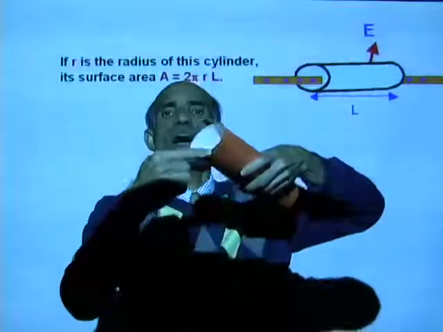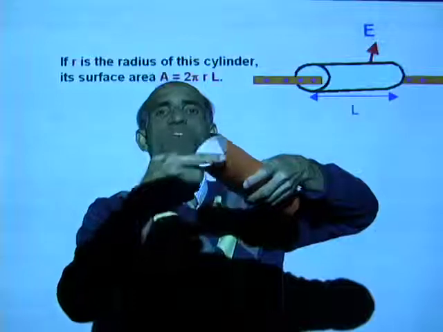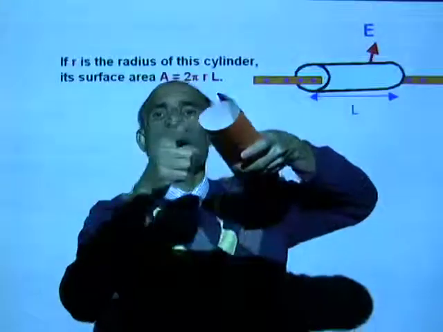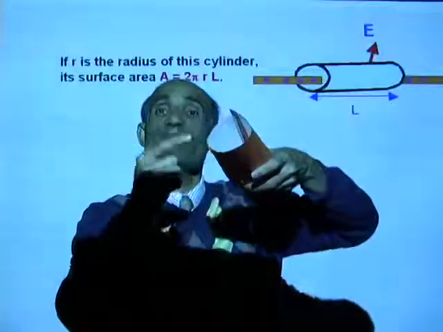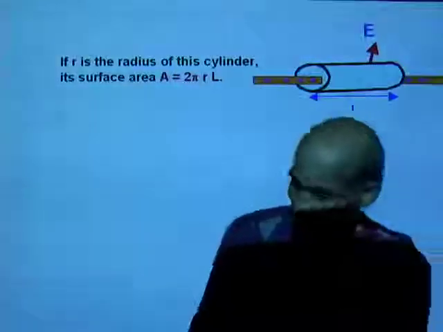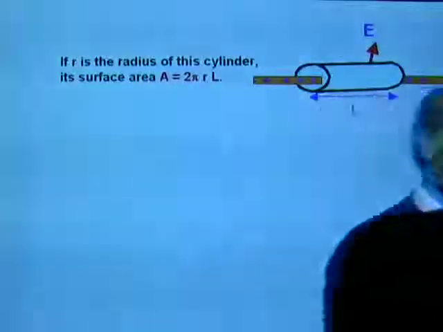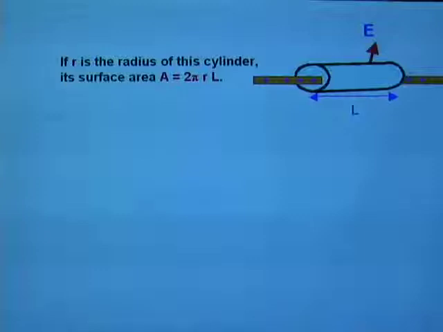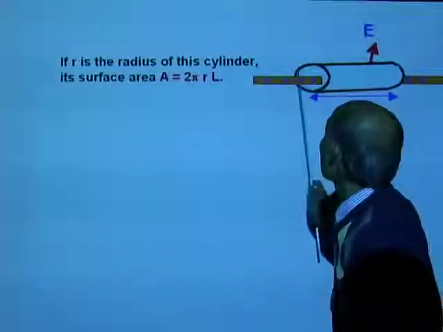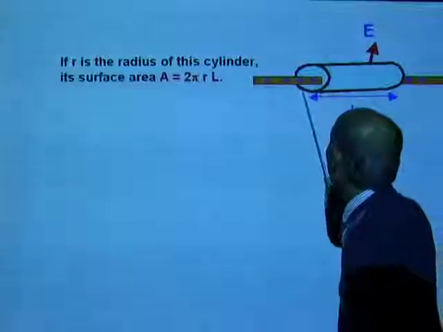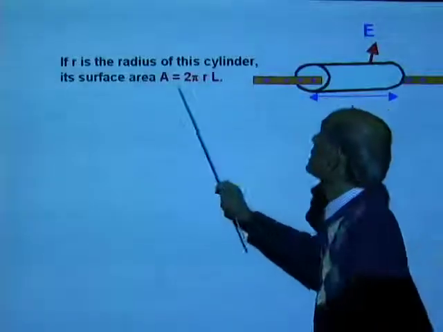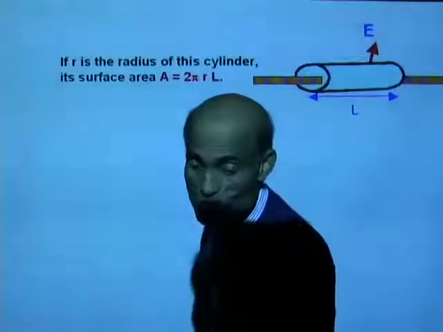That circle has the radius r, so the circumference is 2 pi r, times the length. So the area of the Gaussian surface is 2 pi r times the length.